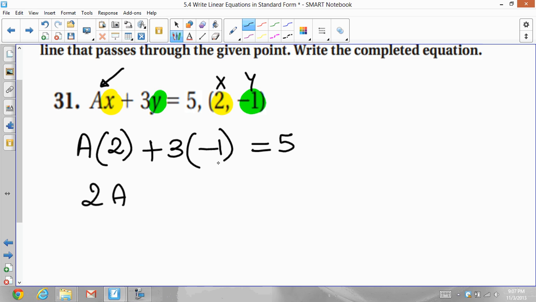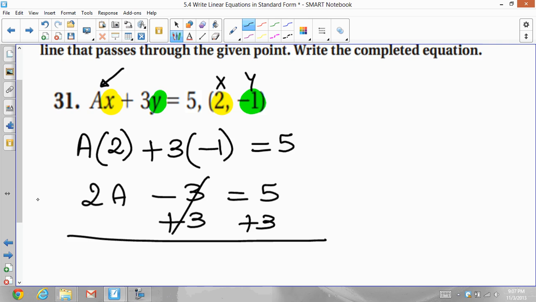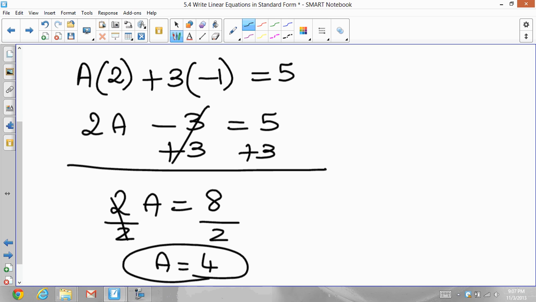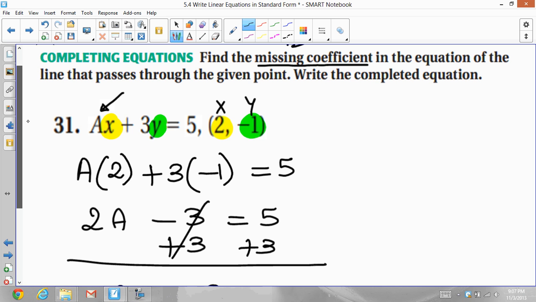Positive 3 times negative 1 gives you a negative 3 equals 5, which is your two-step equation. Plus 3 on both sides. Cancel. 2a equals 8, and divide by 2, cancel. Your a is equal to 4.